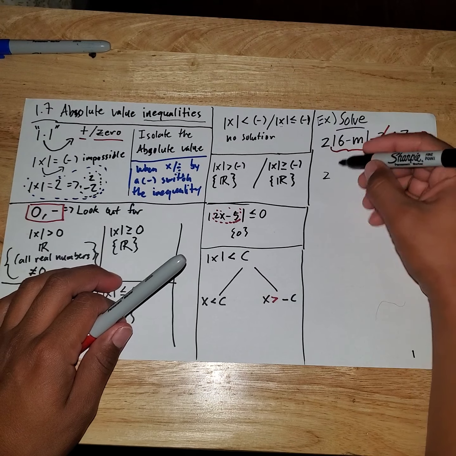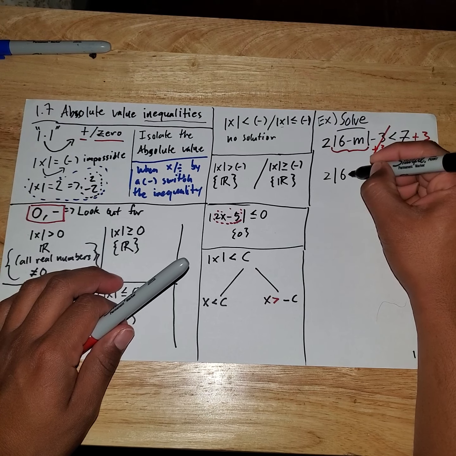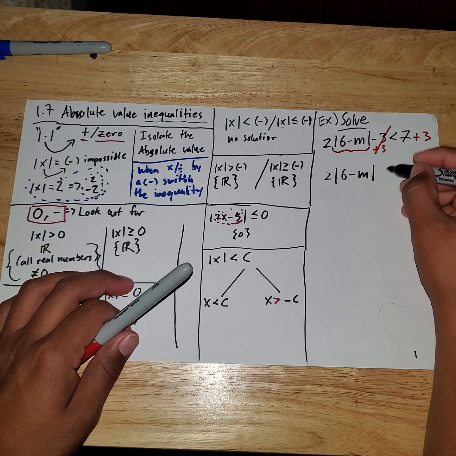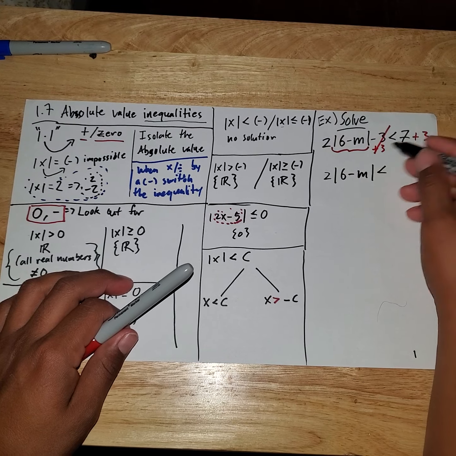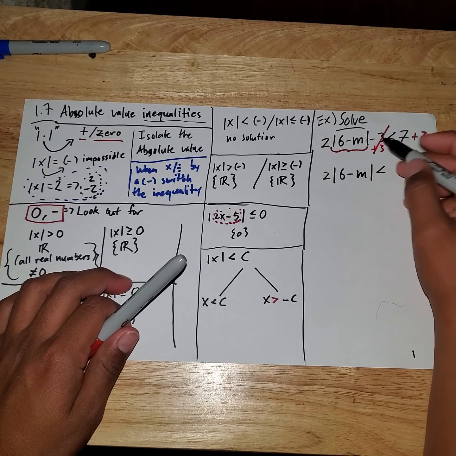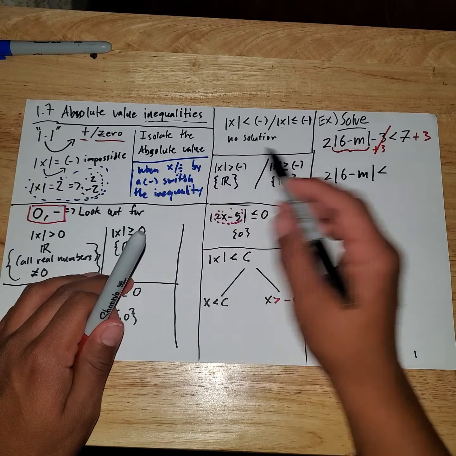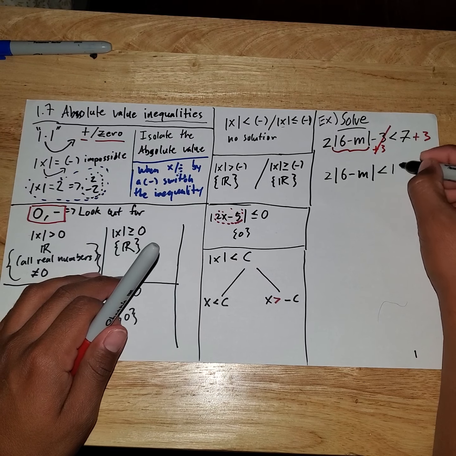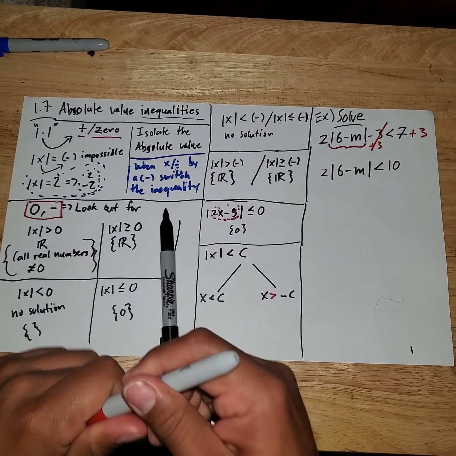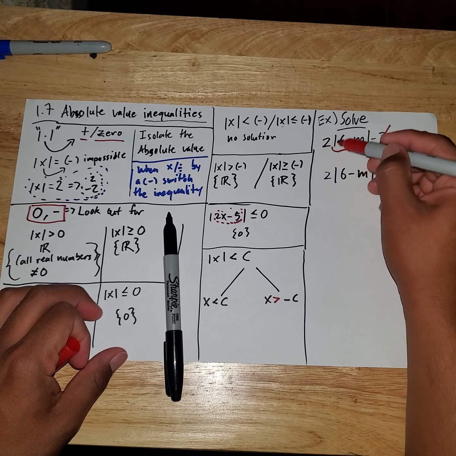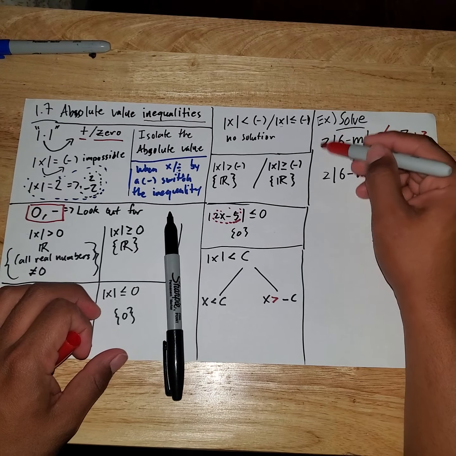So we have 2 absolute value of 6 minus m less than. Remember, adding, subtracting, multiplying, dividing doesn't change anything. It's only when you multiply or divide by a negative. So we have 10 now. I still want to get rid of this 2 because by isolating, I want there to be nothing in front, not even a negative.